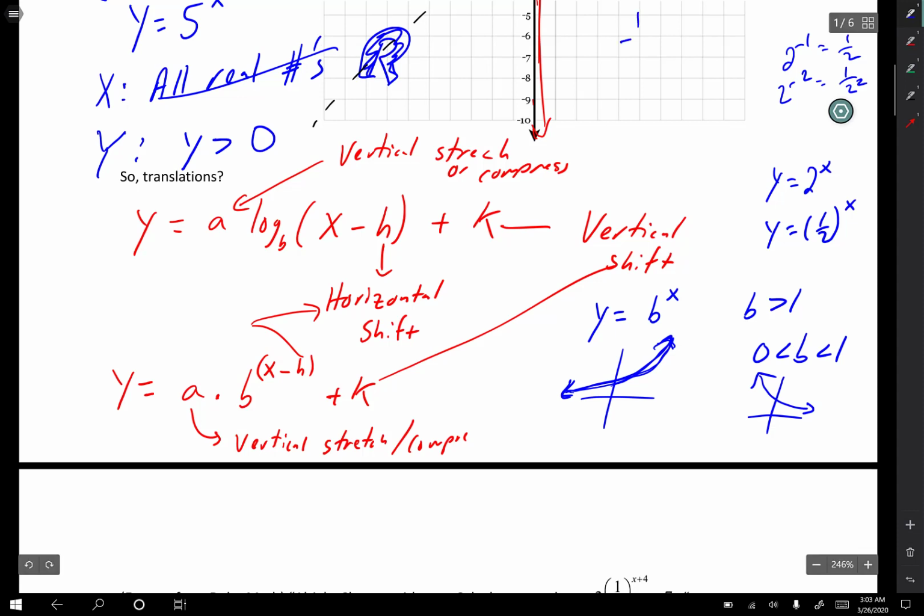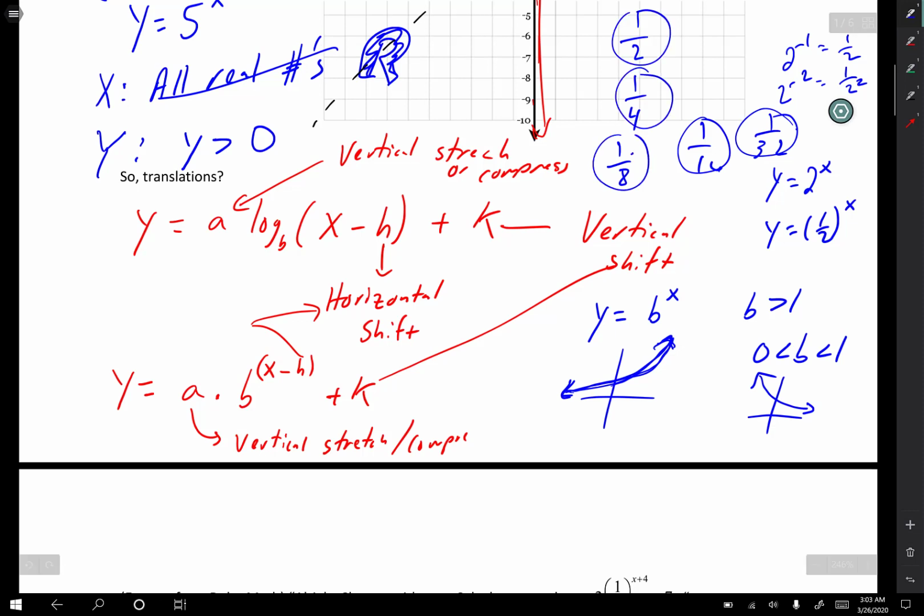So what happens? 1 over 2, 1 over 4, 1 over 8, 1 over 16, 1 over 32. So as x gets larger and larger in the negative direction, all that's happening, guys, is that my y values are getting closer and closer to 0. This is 0.5, this is 0.25, this is half of 0.25, and even smaller and even smaller.